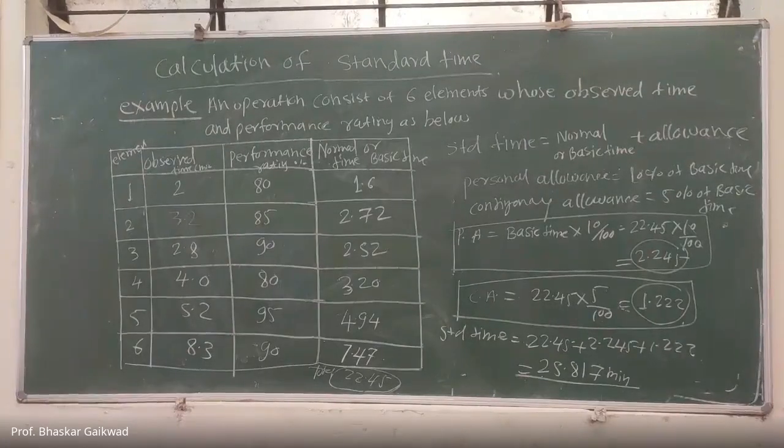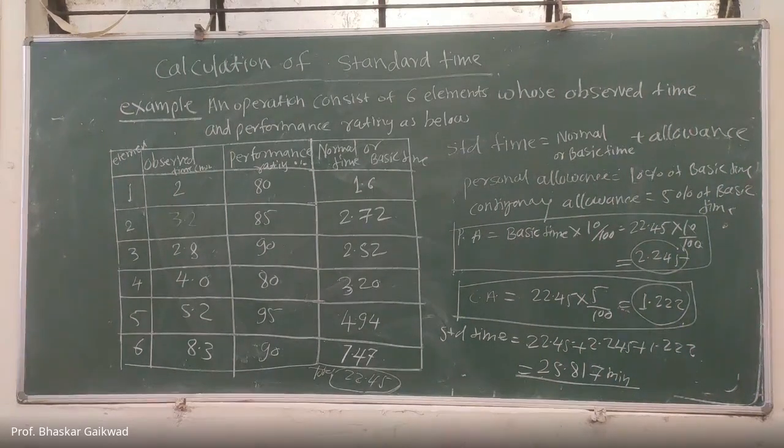Once you calculate the personal allowance and contingency allowance as a percentage of basic time, then you add them once again to your basic time. So this is the normal time calculation, and ultimately the standard time calculation. Okay, now we go to the next problem.